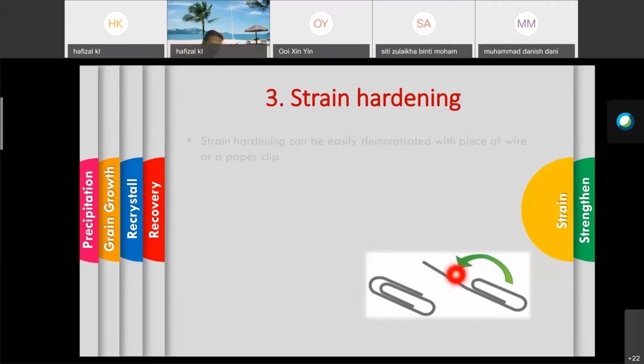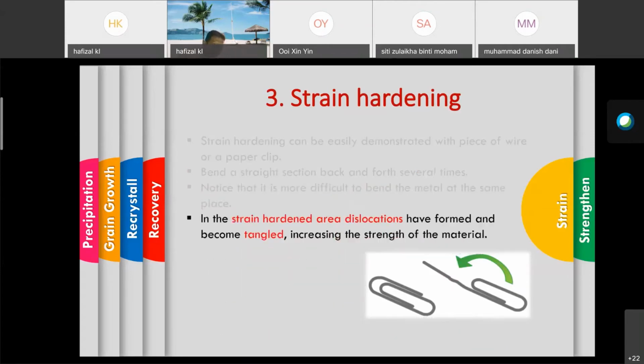Once we introduce more deformation at this point, it will finally break the pin. So this is the analogy of what happens during cold working. Bend a straight section back and forth several times, and finally it will break.